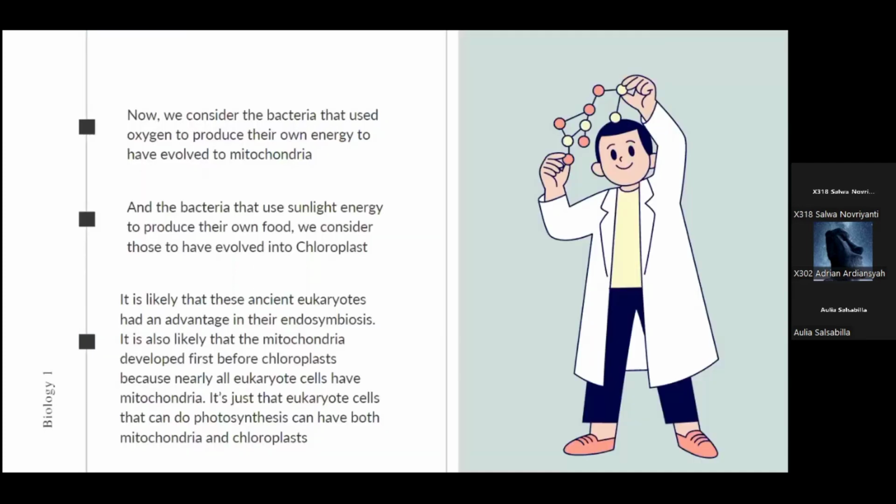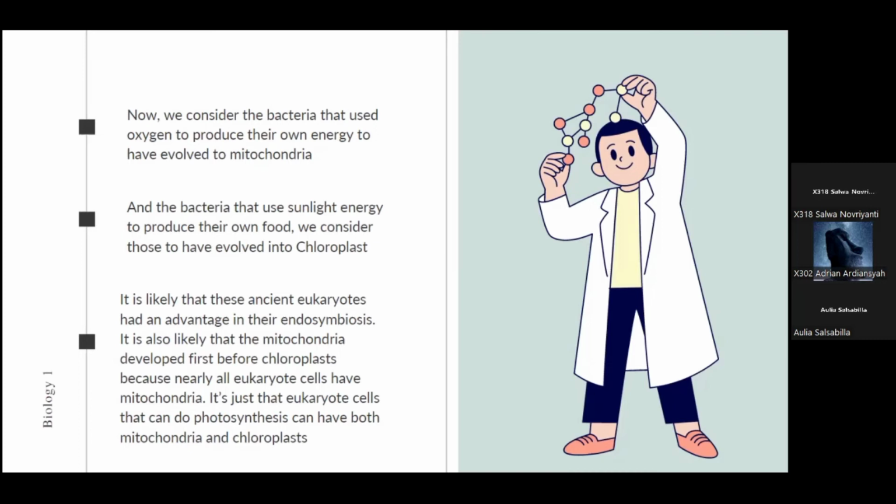Now we consider the bacteria that use oxygen to produce their own energy to have evolved into mitochondria, and the bacteria that use sunlight energy to produce their own food we consider to have evolved into chloroplasts. It is likely that these ancient eukaryotes had an advantage in their endosymbiosis.